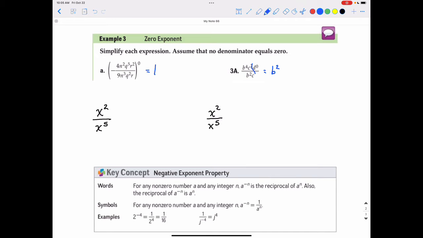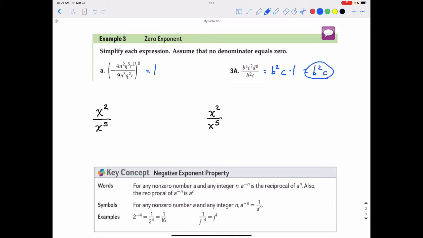I have c squared divided by c to the 1st right there, and that is just c to the 1st, or just c. And then d to the 0 power would equal 1. And I really don't need the 1 there because if I take b squared c times 1, I still just get b squared c. So b squared c would be the answer to that.